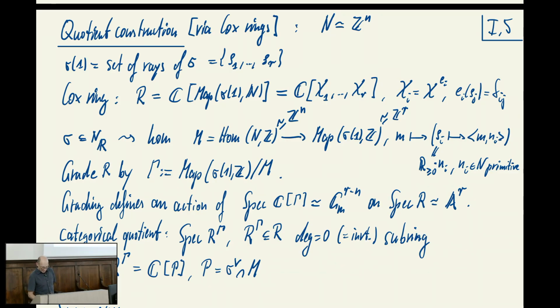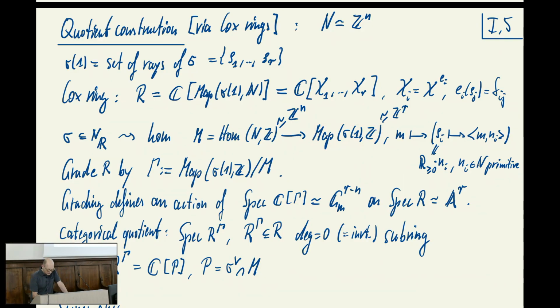This dual map would map m to the pairing of m with n_i, where n_i is the primitive generator of rho_i. Rho_i is a half line with integral points, and there's a primitive integral point, the smallest one, that's my n_i. So there's this canonical map from M, the dual lattice, to Z^r. In coordinates that's how you find it in books: they just write down this matrix. And you grade this ring R by the quotient.